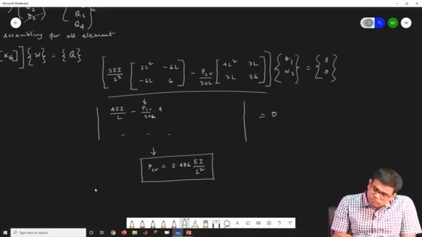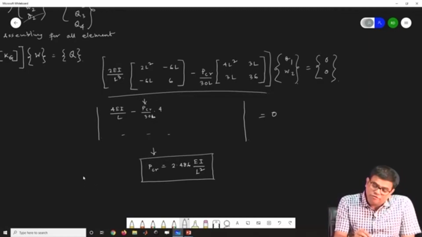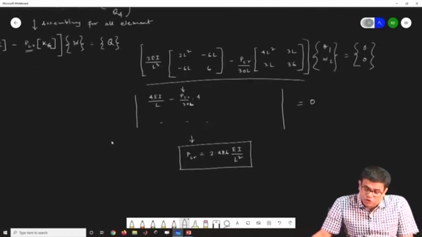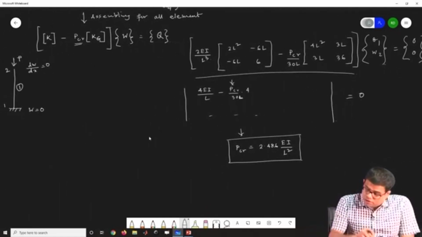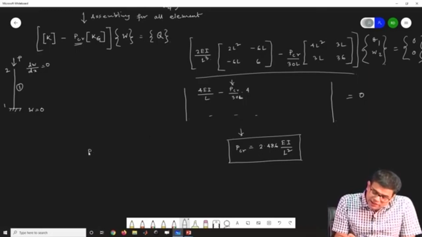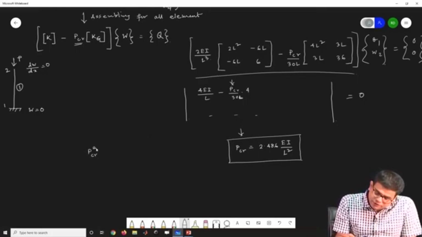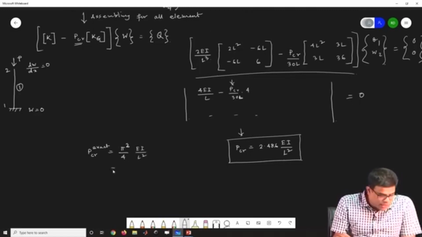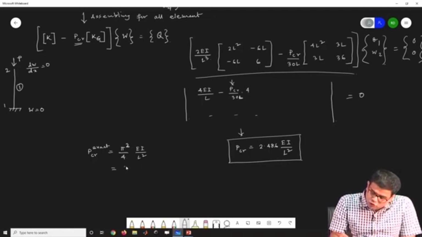Now the exact buckling load for this problem, P critical exact, is pi squared by 4 into EI by L squared. That comes to around 2.467 EI by L squared.